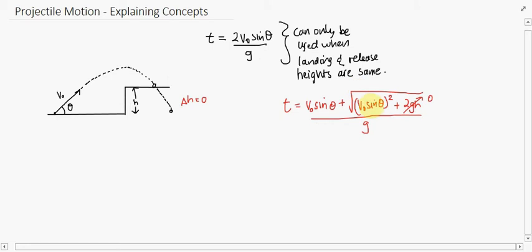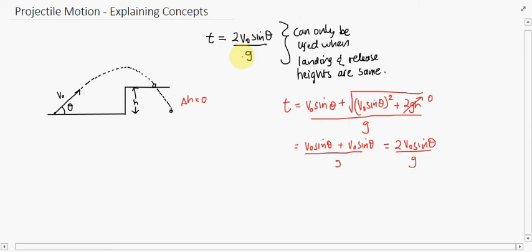The square root of something squared is itself, so the formula becomes v naught sine theta plus another v naught sine theta, over g. Since I've got two of the same values, I can add them together to get 2 v naught sine theta over g.